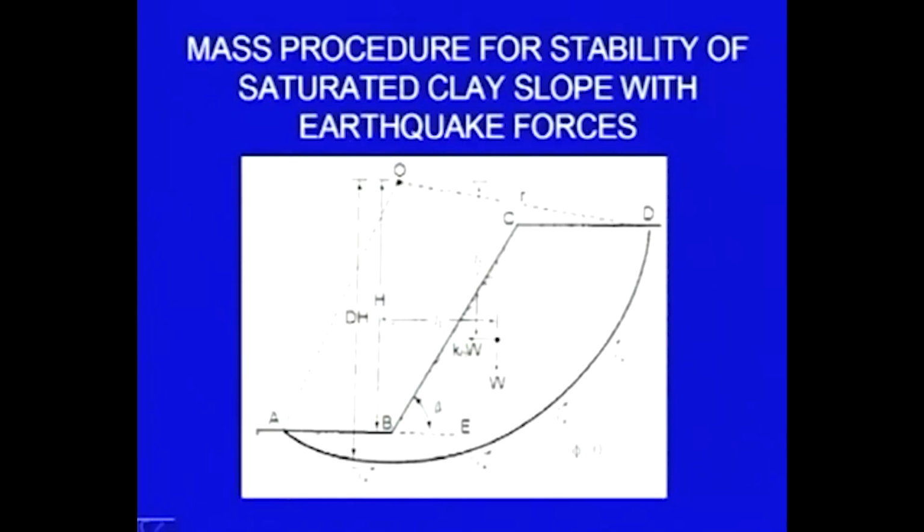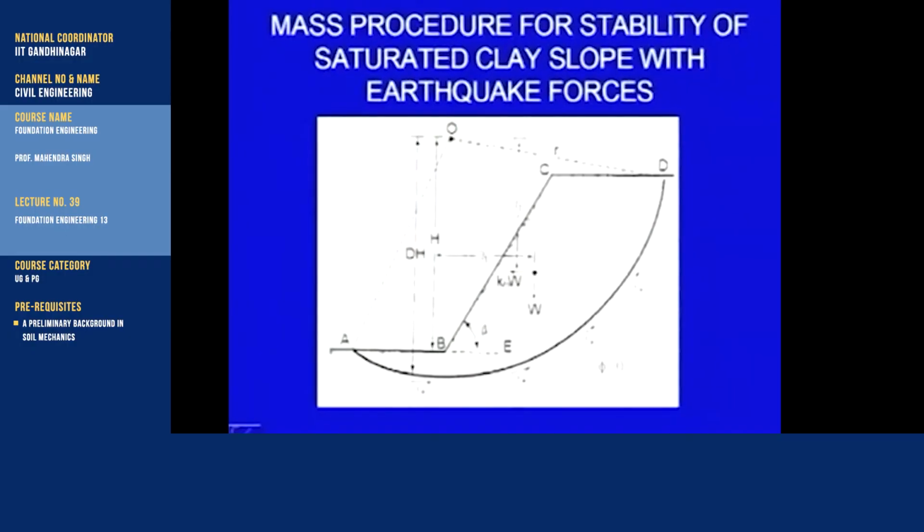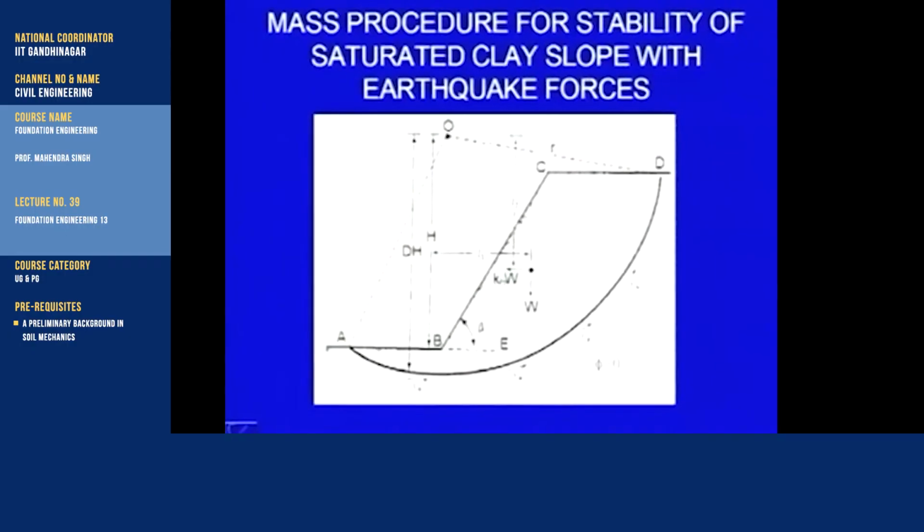One line is passing through the center, another through the CG, and the earthquake force Kh into W is acting in this direction, in the horizontal direction. So, this is the lever arm.